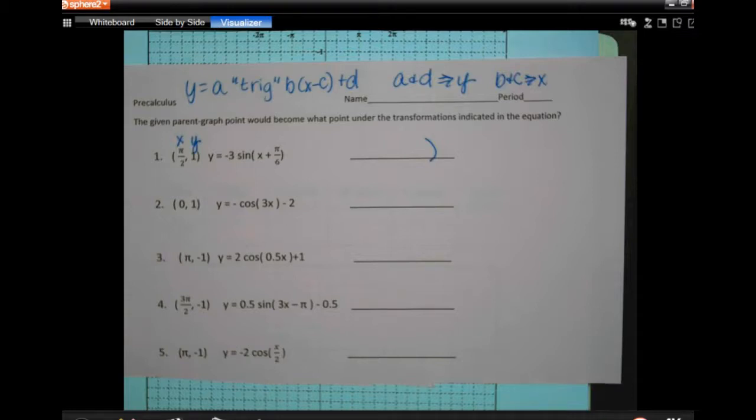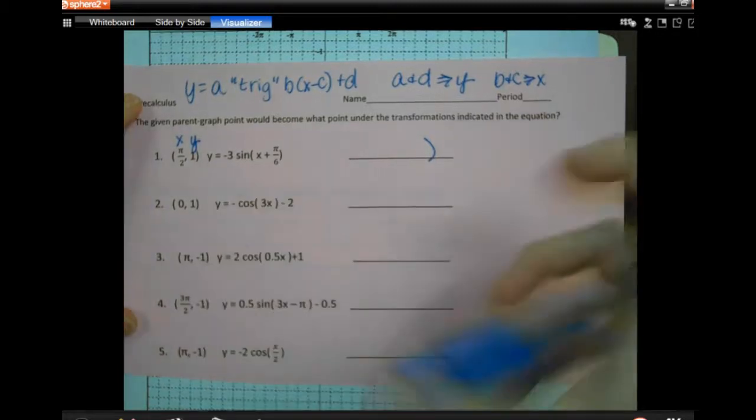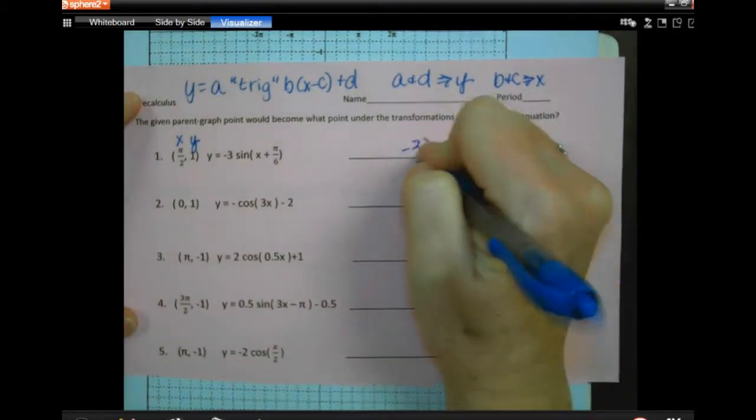On the phone. Okay, so this one is going to affect the Y. So my Y is 1, so I'm going to multiply the Y times negative 3, and I get negative 3.